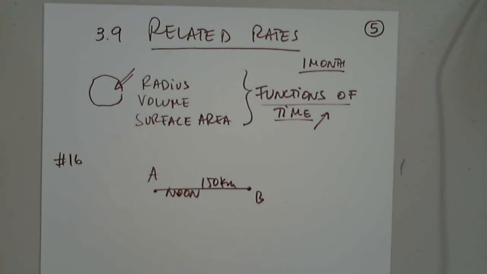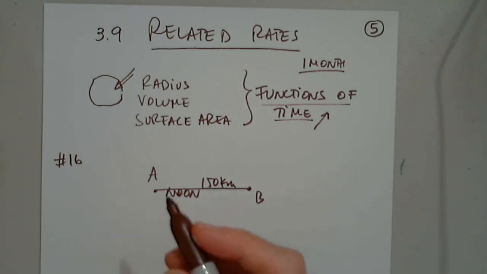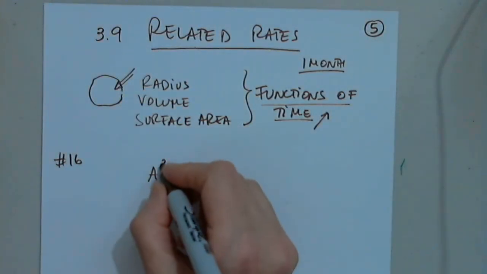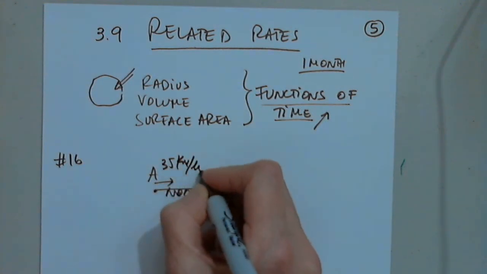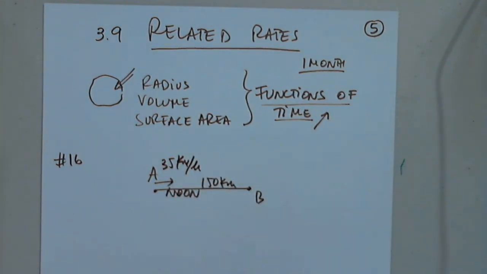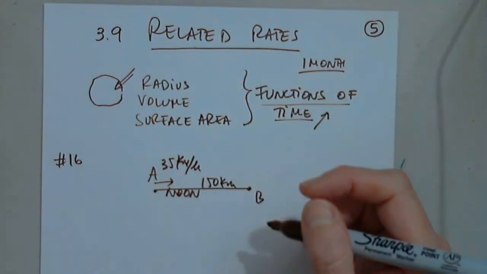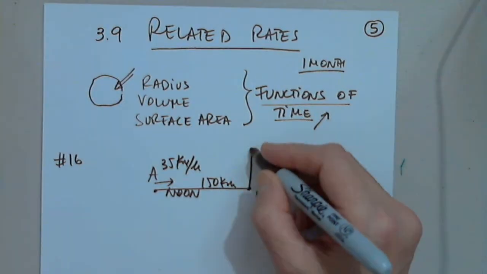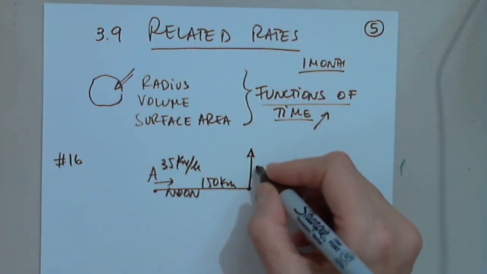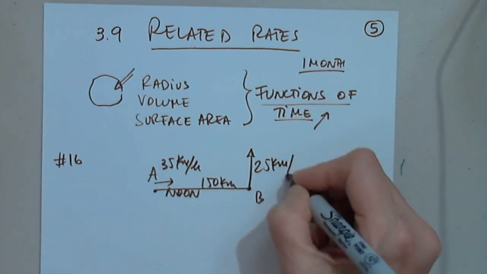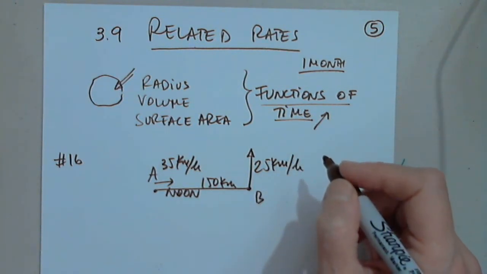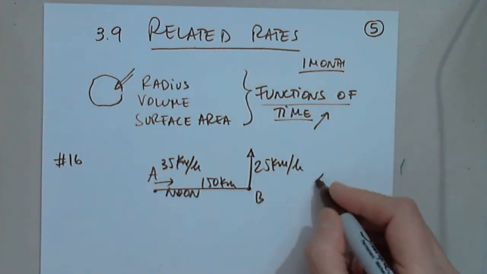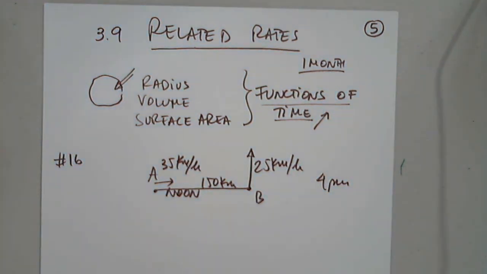A is sailing east at 35 kilometers an hour. I'm just copying the information and then I'll stop sharing. And B is going north at 25 kilometers per hour. How fast is the distance between the ships changing at 4 p.m.? Okay, that's all I needed.